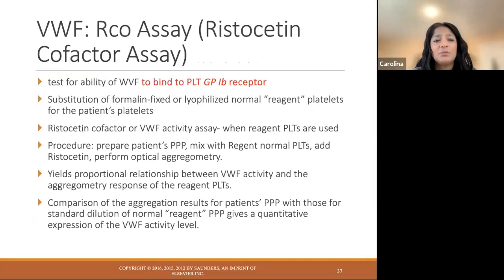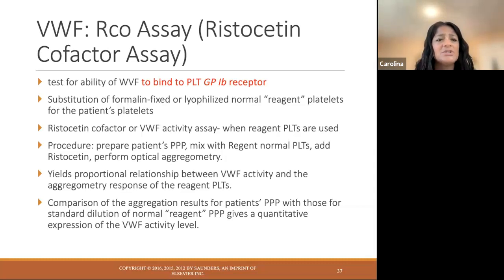Here, there's substitution of formalin-fixed or lyophilized normal reagent platelets for the patient's platelets. We call it the von Willebrand factor activity assay as well, and this is when the reagent platelets are being used. You can call it the ristocetin cofactor assay or the von Willebrand factor activity assay.